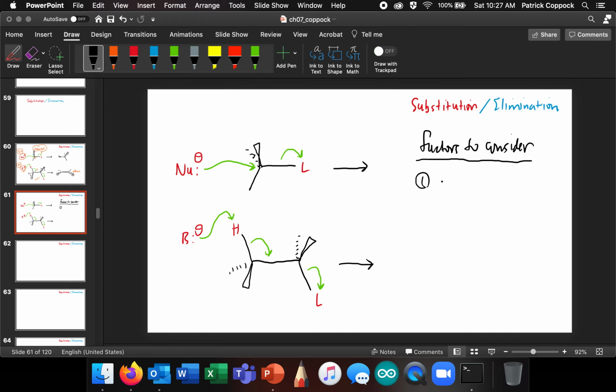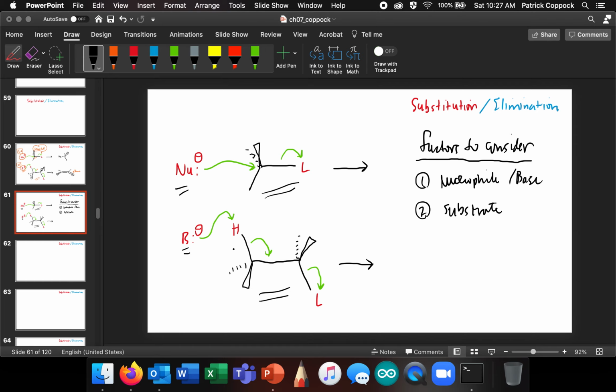The first thing we need to consider is the nucleophile or the base. If it's a concerted reaction, then all these things go together. The next thing to consider is the substrate, and that's the substrate right here.